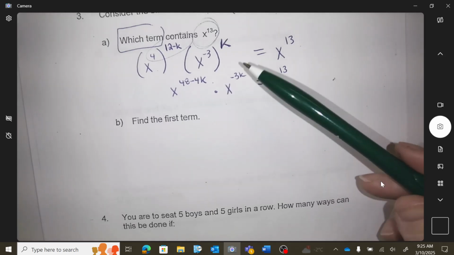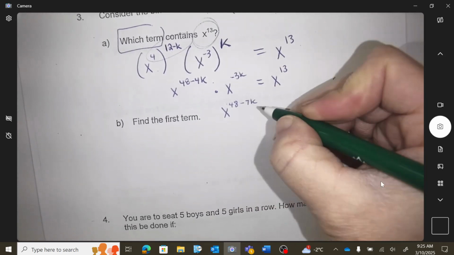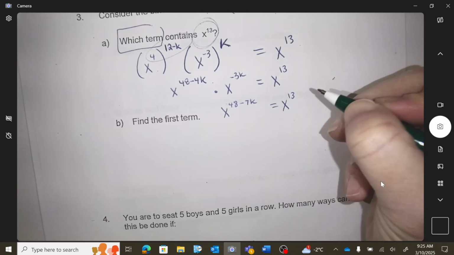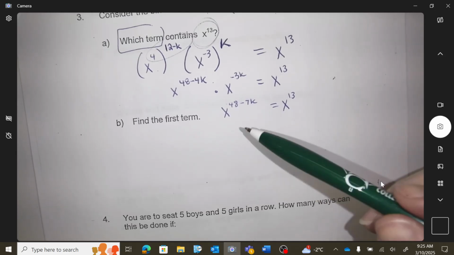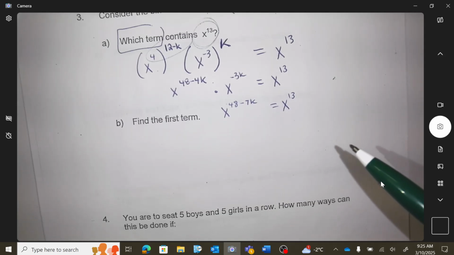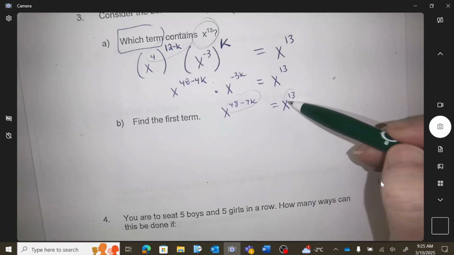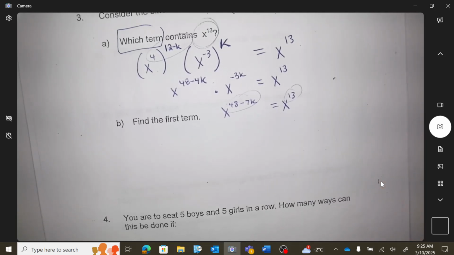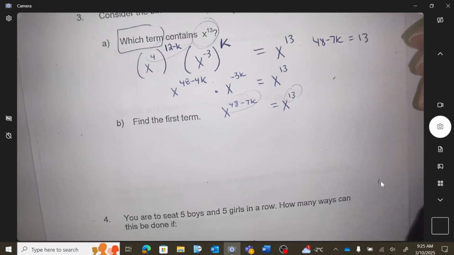Because we multiply, so we add the exponents. So 48 minus 7k. Okay, please don't cross the x's off in that you're not canceling them. That's not what you're doing. You're just using a math property to say, well, therefore, this is going to have to equal this. So it's just a property that we're going to use in math.